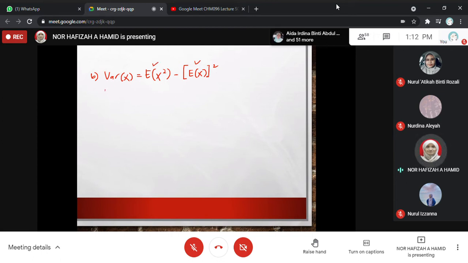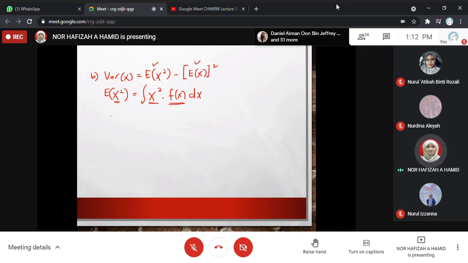So I calculate EX square first. EX square is equal to x square times with the fx dx. It has the same formula as EX earlier, but for EX you multiply with x, and for EX square you multiply with x square. So the function is the same.